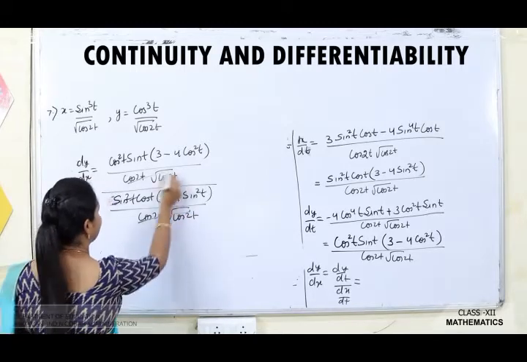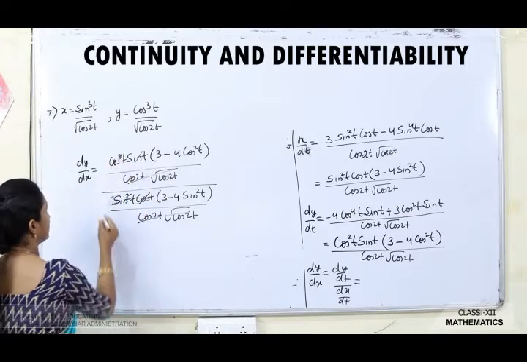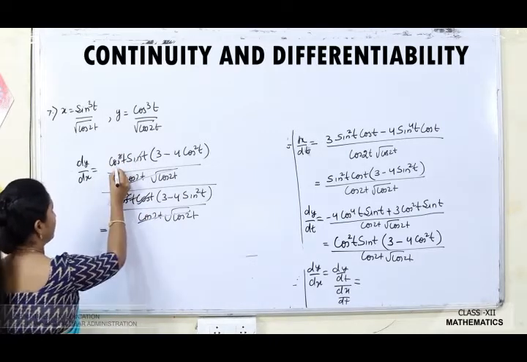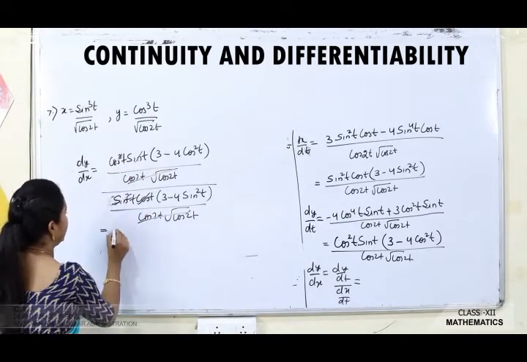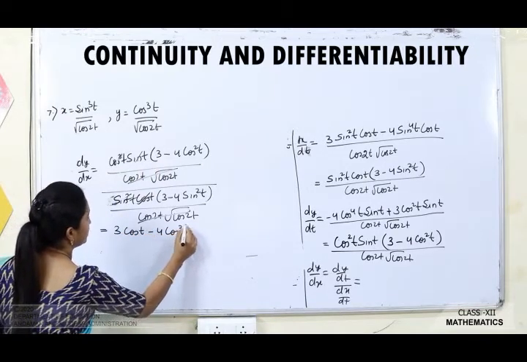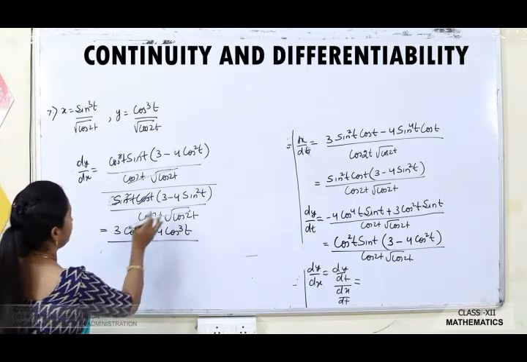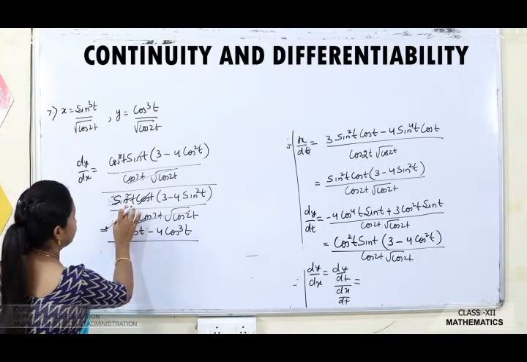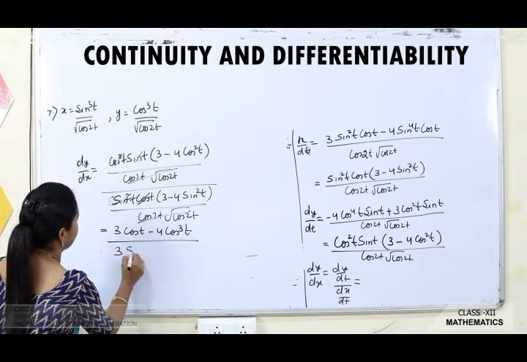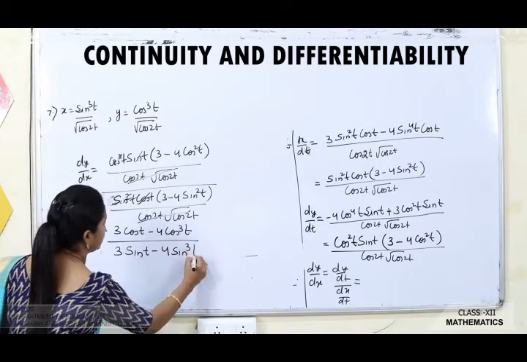So this cancels out here, and here also one sin square gets cancelled, cos also. So finally when you multiply cos inside, you will be getting 3 cos t minus 4 cos cube t by, here one sin is left out, so when you multiply 3 sin t minus 4 sin cube t.